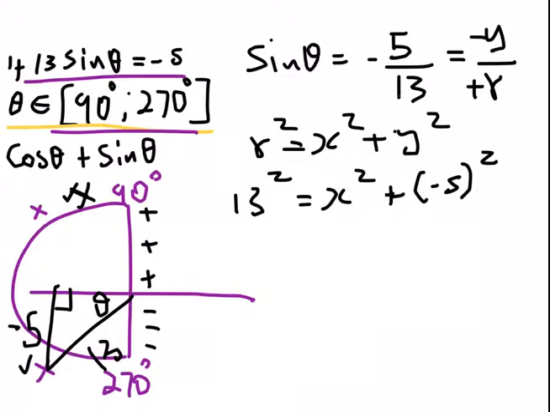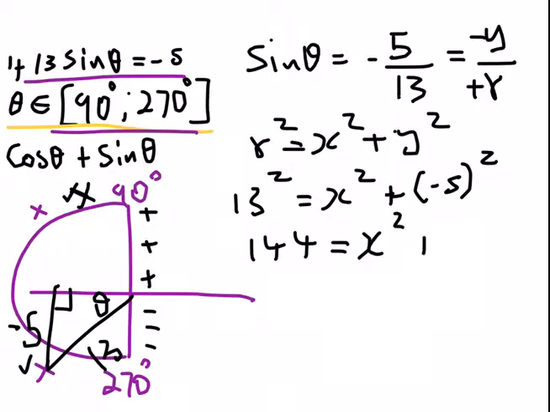So now let's see. We need to punch that in. 13 squared is something that you might need to do in your head, because remember they said do not use a calculator. So you might need to remember that actually 13 squared is 144, and then you've got that x squared.